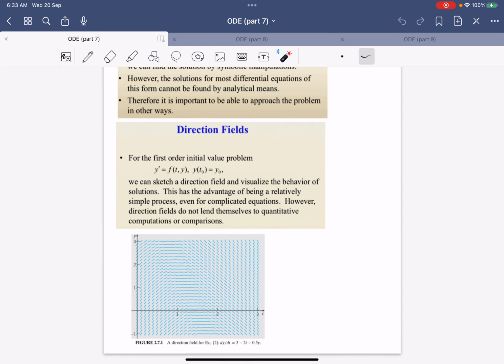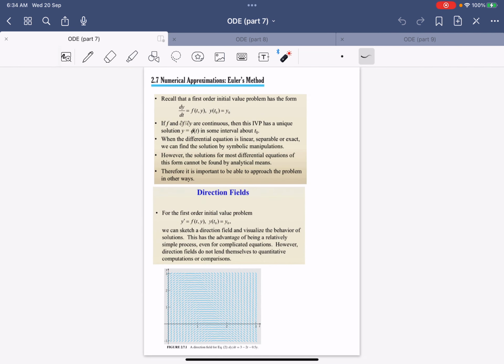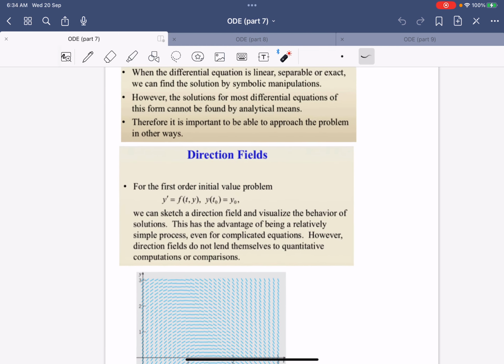It just gives you a rough idea of how it looks, because these are just the rate of change, so it must move from here to here and here to here and so on. So you can see how the direction fields provide a picture of how y changes with respect to t. So how does the ODE look?